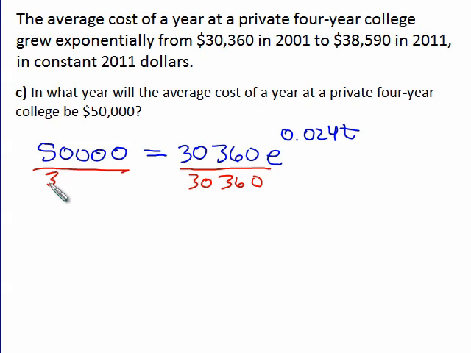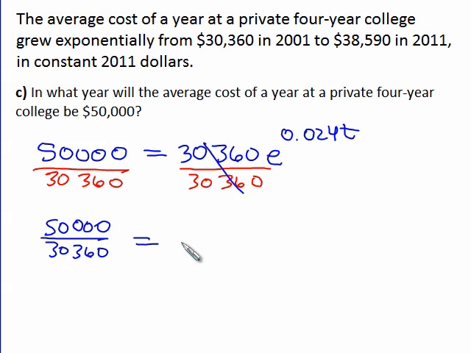So 30,360. And again, I'm not going to bother taking the time to simplify this or turn it into a decimal. I'll just leave it as 50,000 over 30,360. So it'll cancel on this side, and I have e to the 0.024t.